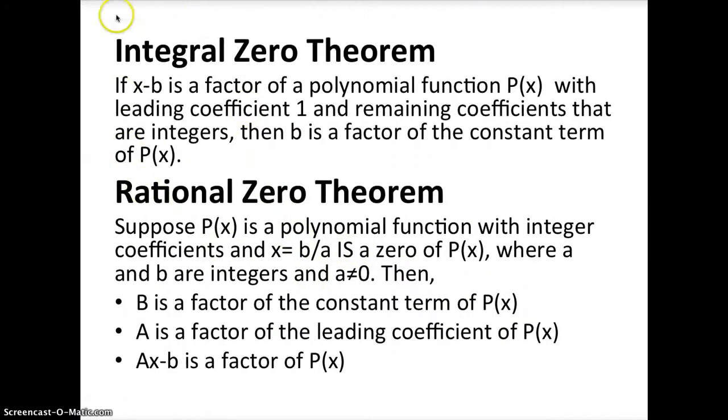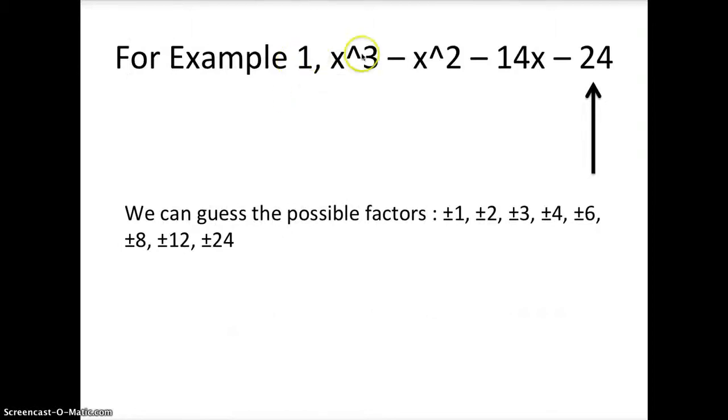So x minus b is explained by the integer zero theorem, with leading coefficient 1 and remaining coefficients that are integers. The rational zero theorem, for ax minus b: b is a factor of the constant term of P(x), and a is a factor of the leading coefficient of P(x).